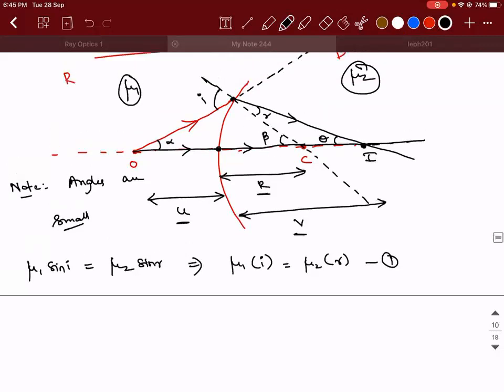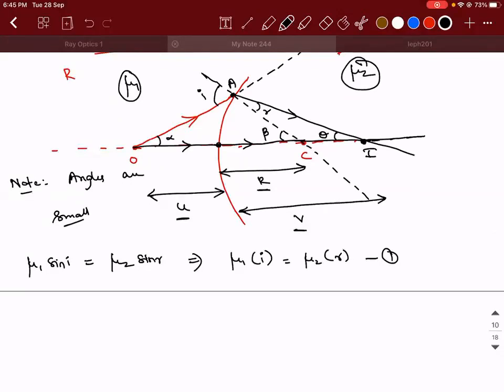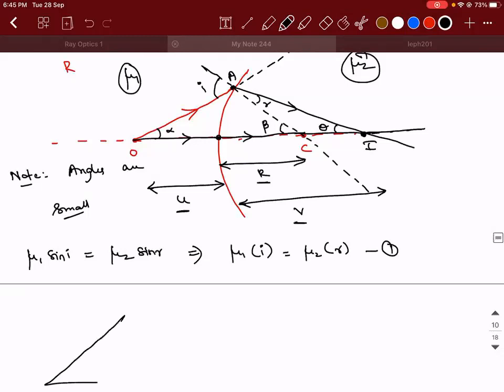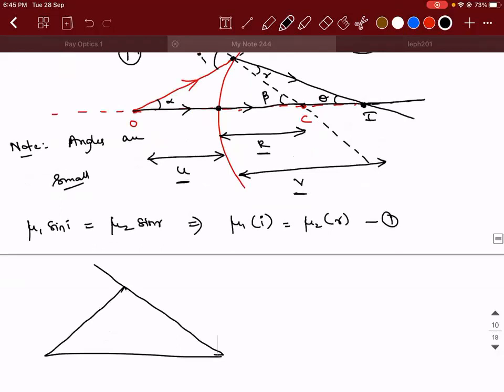Now, if this point is O, and I take this as A, consider the triangle A, O, and B. If this angle is beta, this angle is alpha, this angle is i, what is the relation between all the three angles?